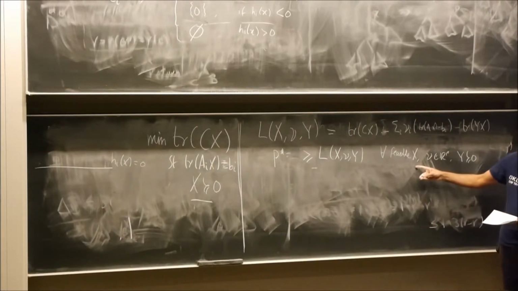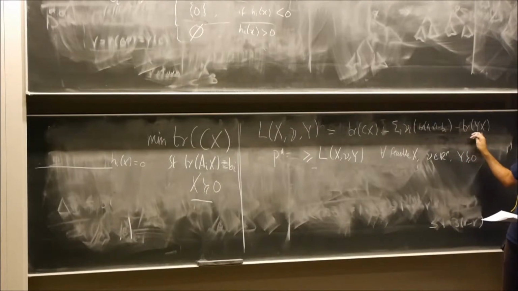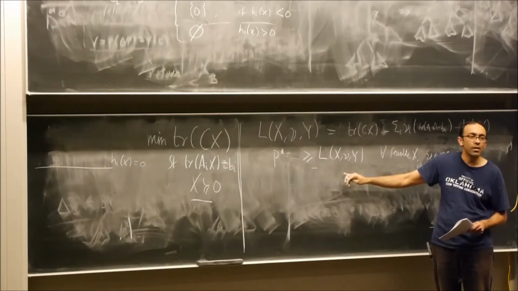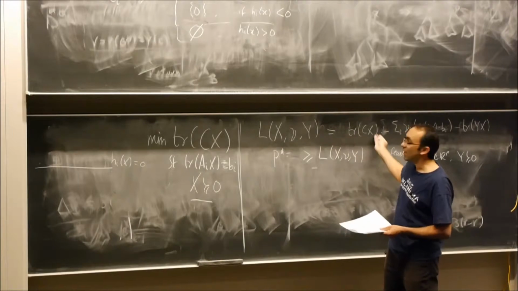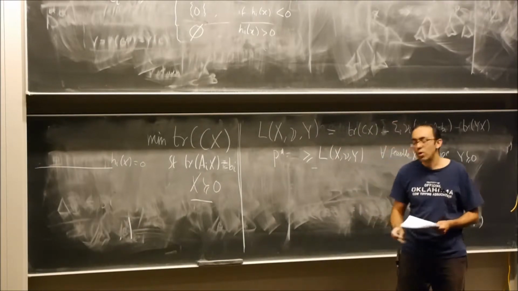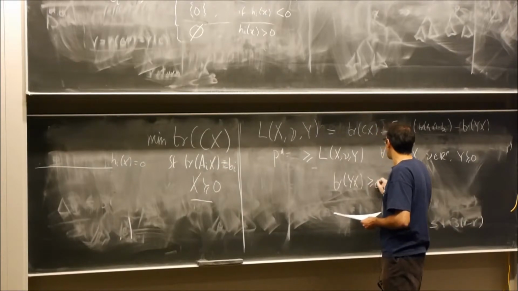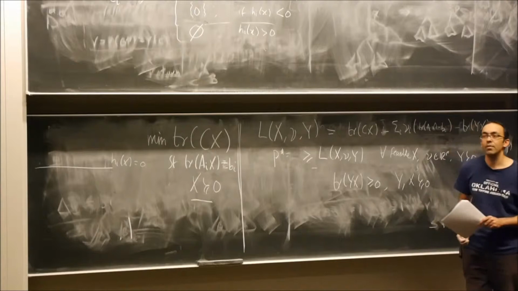Well, if X is feasible, this guy disappears. X is semi-definite. Then why does this inequality hold? In fact, this holds not just for P star, it holds for any feasible X. Why does that hold? Because trace of Y times X is non-negative when Y and X are semi-definite matrices.